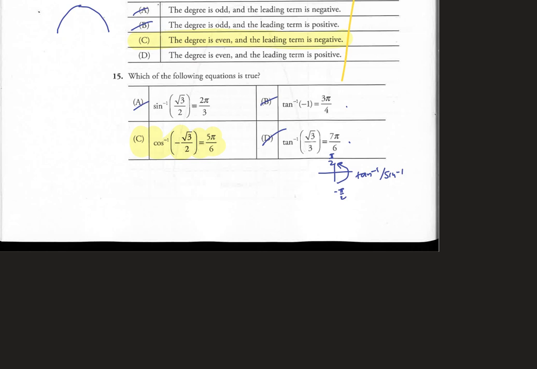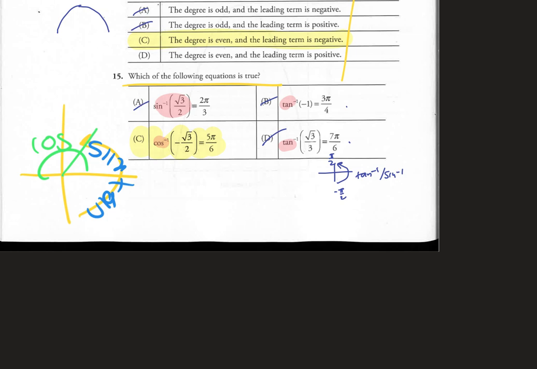Okay, 15 says, which of the following equations is true? So this is your inverse stuff, remember? It says sine, cosine, tan. So think sine and tan are on the right side, and cosine is at the top. So sine inverse of 3 pi over 2, that's actually pi over 3, so that one's wrong.